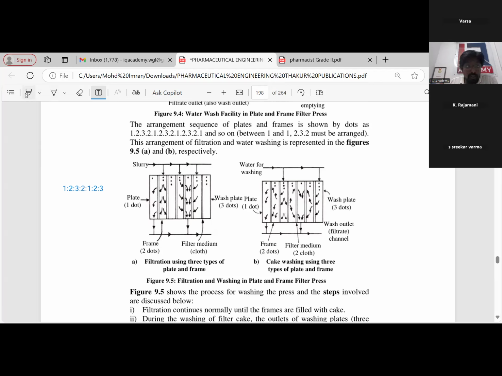So this arrangement is called the cleaning arrangement. After 3 comes 2, 1, again 2, 3, and it goes on in sequence. So this is cleaning.